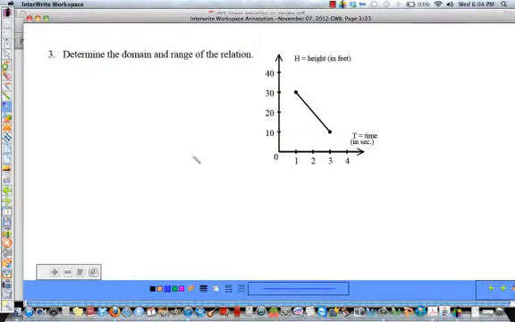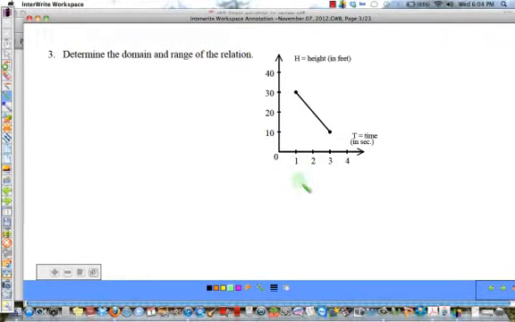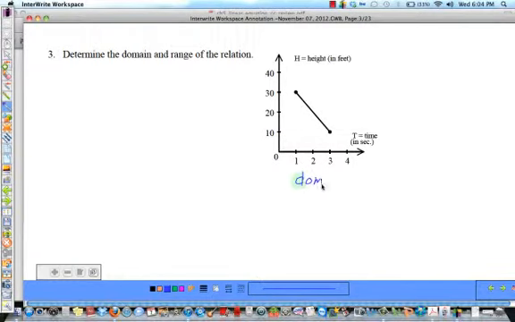Number 3, determine the domain and the range of the relation. We start out looking at the x values, and remember the x is the domain and it goes left to right. So on this diagram, the domain is the bottom numbers.